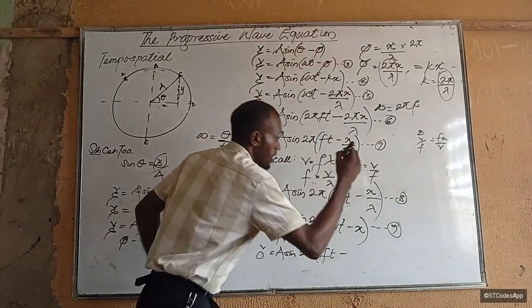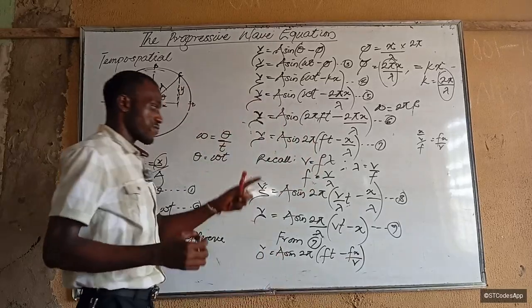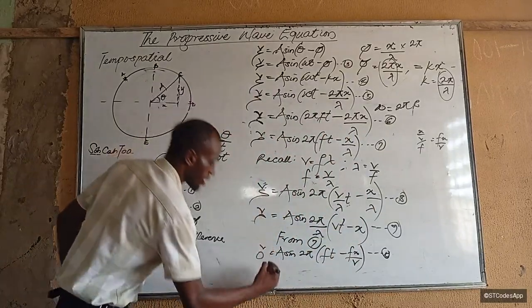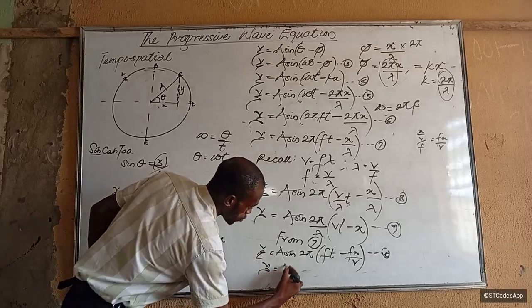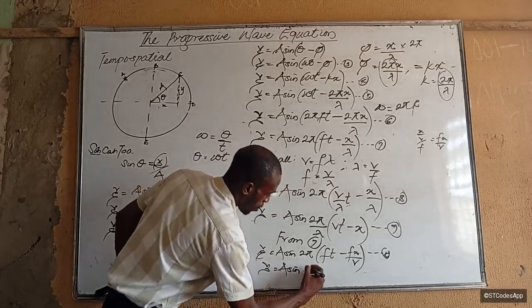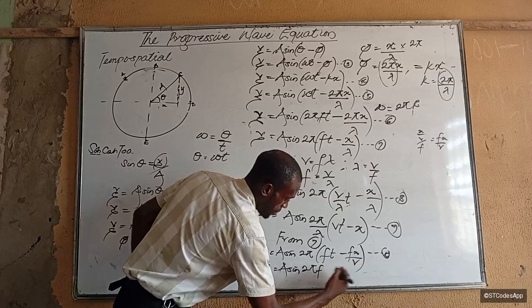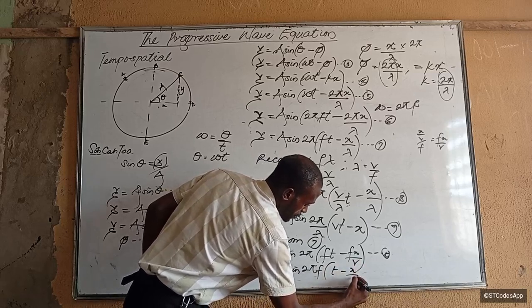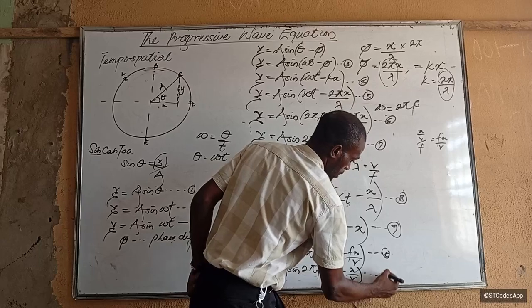If that be the case, then we have minus fx over v. From here, this becomes our equation 10. From here, we can also say that y is equal to A sine of 2 pi f, which is common here and here, into bracket t minus x over v, equation 11.